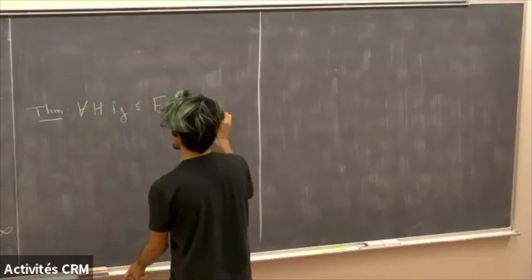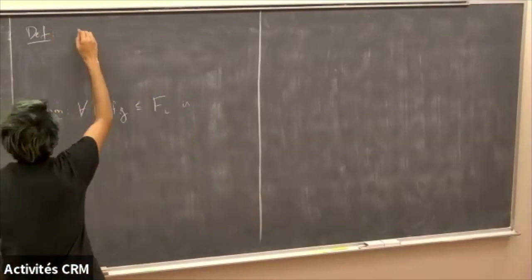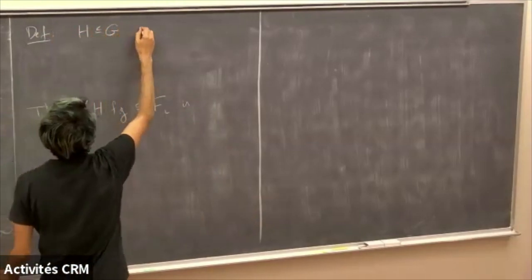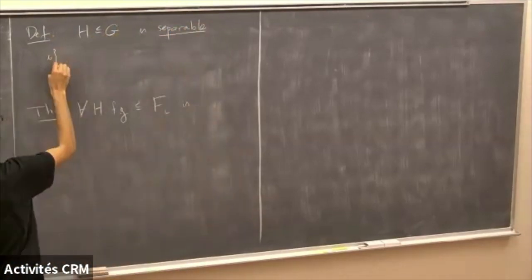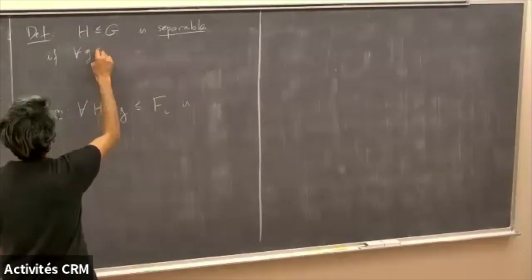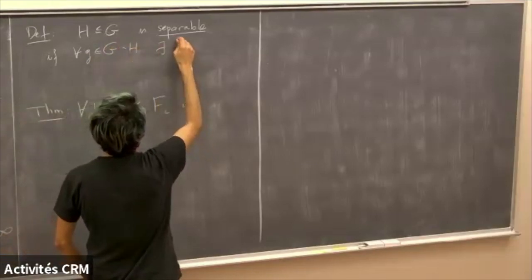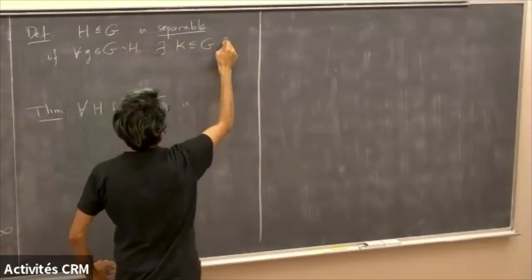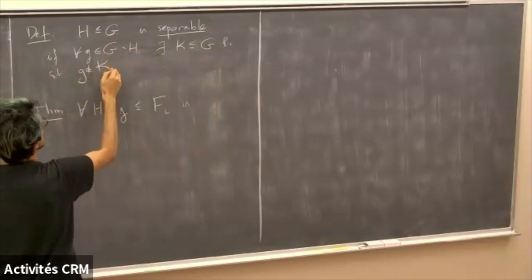The definition: a subgroup H of G is separable if you can separate every element of G from H using a finite index subgroup, that is, for every g not in H, there exists a finite index subgroup containing H such that g is not in it.